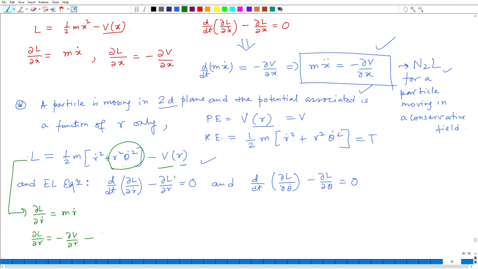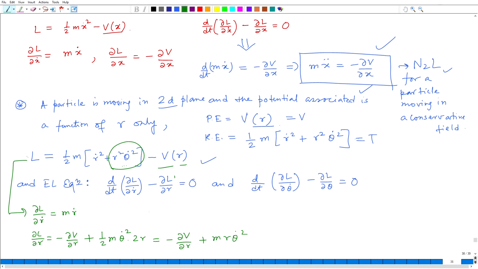So, del L del r will be minus del V del r plus half m theta dot square times 2r, so it will be minus del V del r plus m r theta dot square.